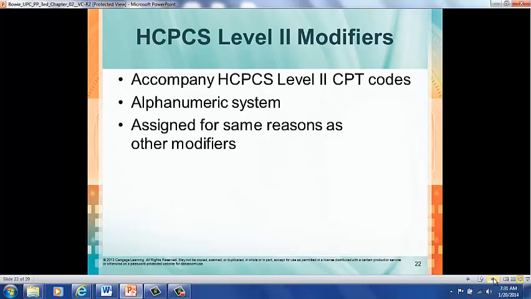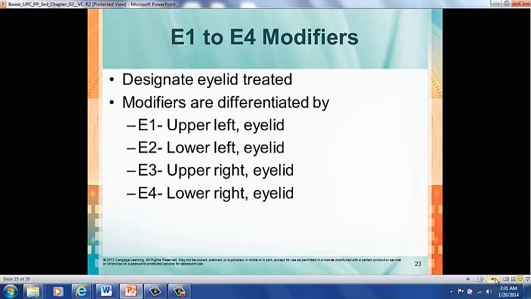HCPCS modifiers are assigned for the same reason that other modifiers are assigned. The service being provided needs to be further explained. The following is an example of an alphanumeric modifier. It identifies the various body parts that might be needed to identify when multiple procedures are being reported.